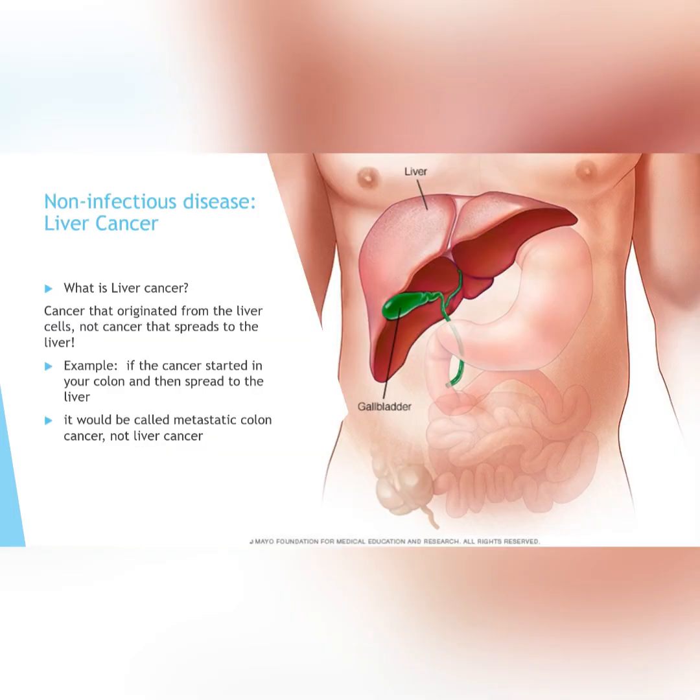Next I'm going to talk about liver cancer, which is a non-infectious disease, unlike cholera. What is liver cancer? Cancer that originated from the liver cells is liver cancer, not cancer that spreads to the liver. For example, if the cancer started in your colon and then spread to the liver, it would be called metastatic colon cancer, not liver cancer.